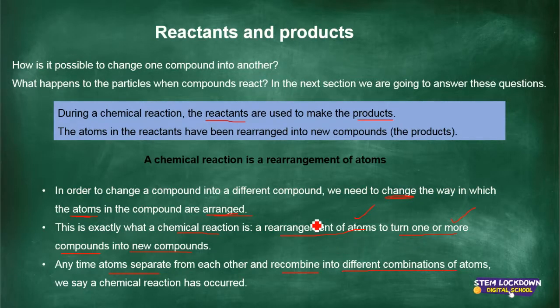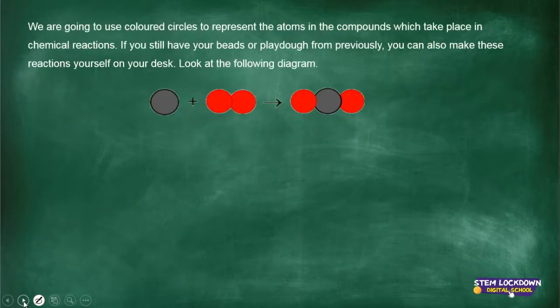That's basically a rearrangement of atoms. So it's a different combination of atoms, and then a chemical reaction has occurred. These two are very important for you to learn and memorize.